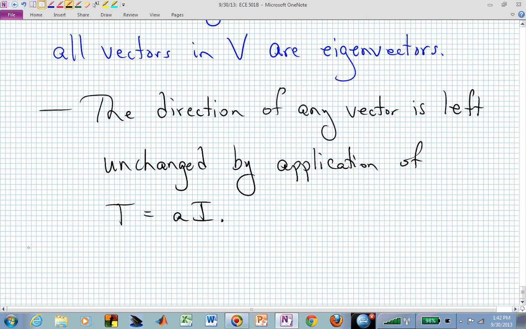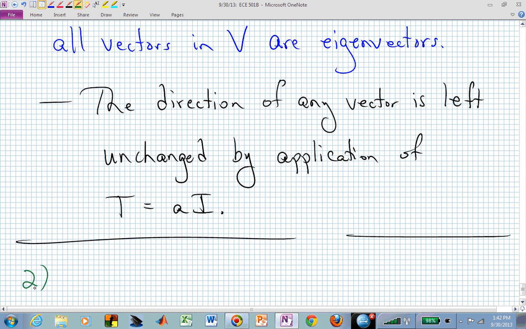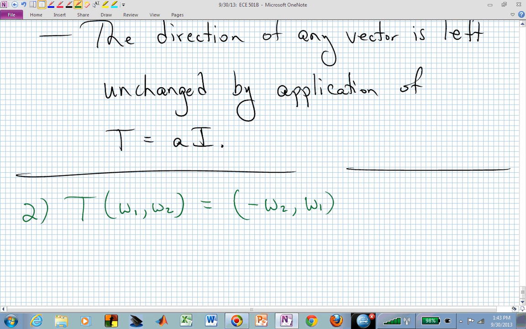That's one example. Let's look at another example. Suppose now we have a linear map operating on a two-dimensional vector W1, W2, and you could think of this as X and Y. You can take those two coordinates, and now you take the negative of y and put that into where the x coordinate is in the output, and you take the original x coordinate and move that to the y location.